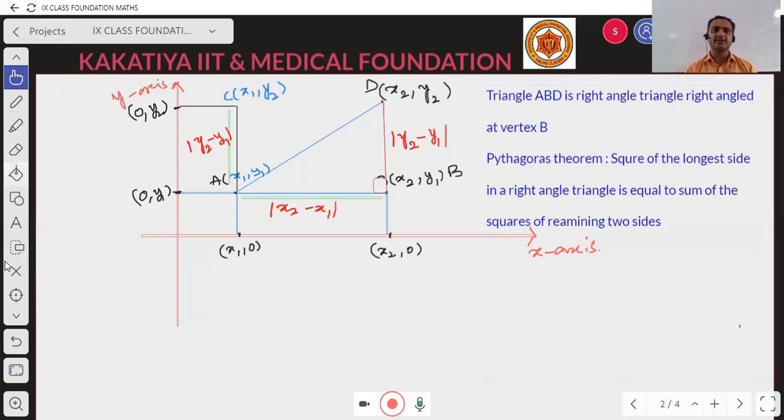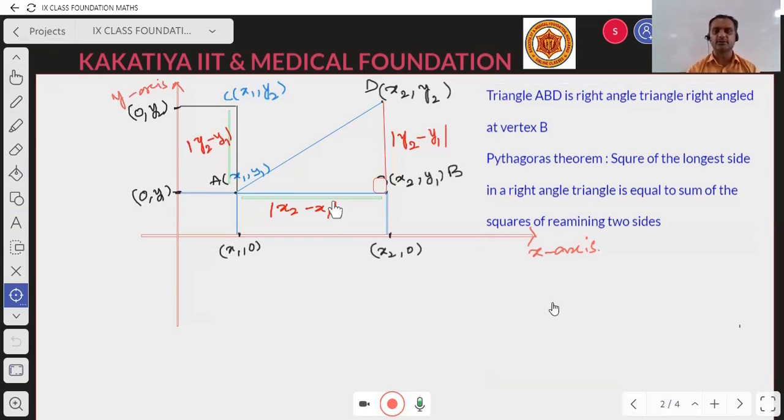See over here, if you observe, A to D is the longest side, and this is the right angle, so the remaining two sides are BD and AB.